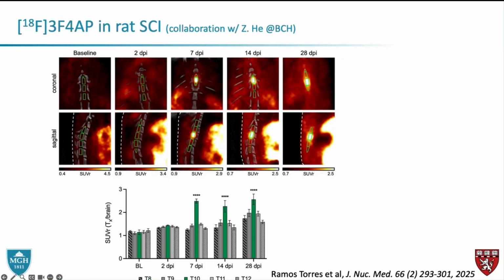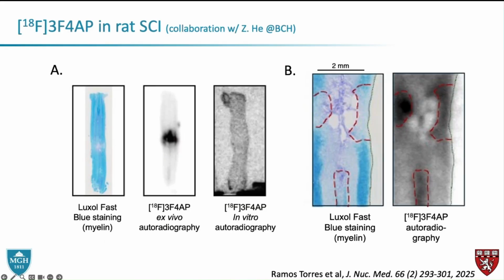We were able to follow a cohort of animals out to 1 month, and what we saw is that the signal peaks around 7 days and then stays high, and it actually sort of disperses rostrally and caudally on the spinal cord, which is consistent with demyelination. This model also provided the opportunity to look a little bit closer into where it was binding.